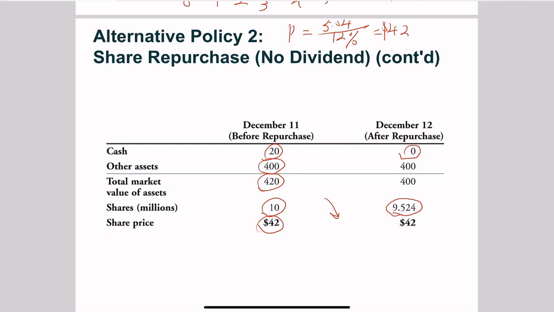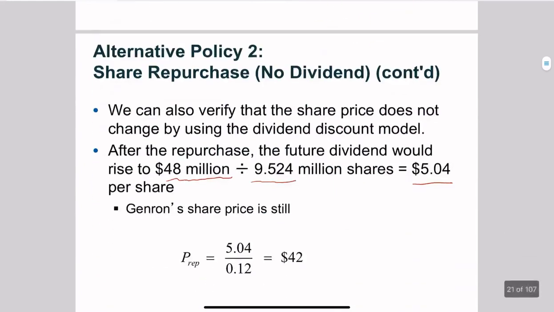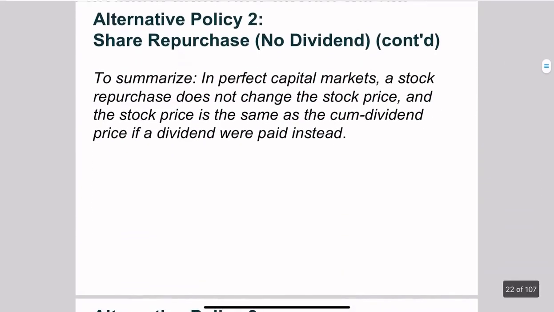And then you can verify that if you use 400 divided by the total number of shares in the market after the repurchase, then you will get the same number, right? So this is basically a second way to verify that share repurchase will still give you the same share price, $42.